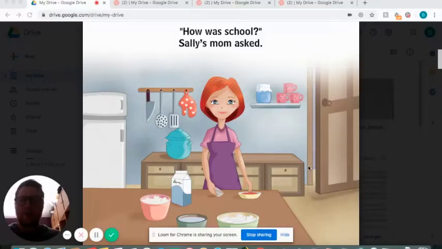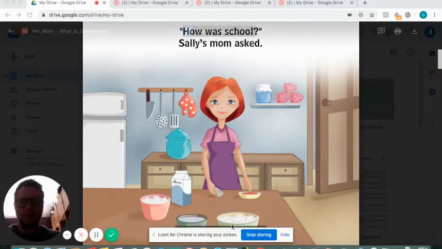So now we're going to be looking at what the characters are doing. So I'd like you to look, so the best places to look in the picture are the characters' hands and feet. So the feet will show you where they are, and the hands will show you what they're doing. So have a look to see what Sally's mum's doing. So look, have a look what's on the table.